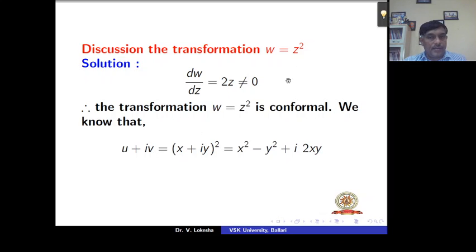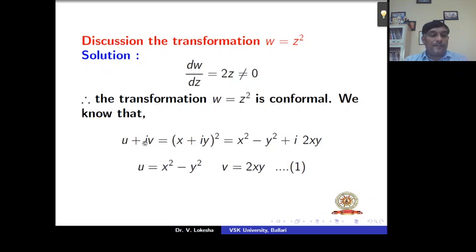Then you can take the transformation, put w is equal to u plus iv and z is equal to x plus iy, the whole square. For a plus b whole square, the formula is a square plus b square plus 2ab. Applying here, this becomes x square minus y square, because i squared is minus 1, plus 2i into xy.